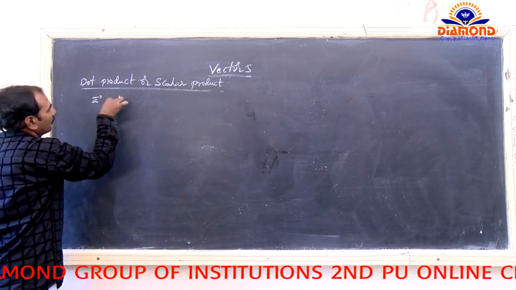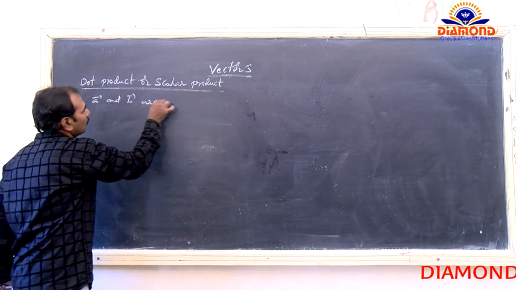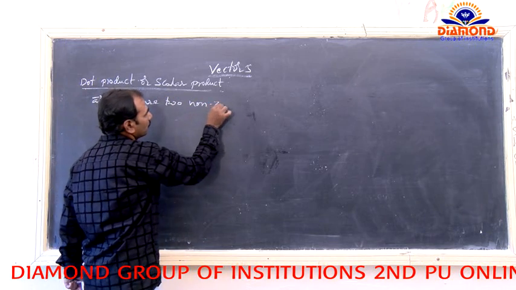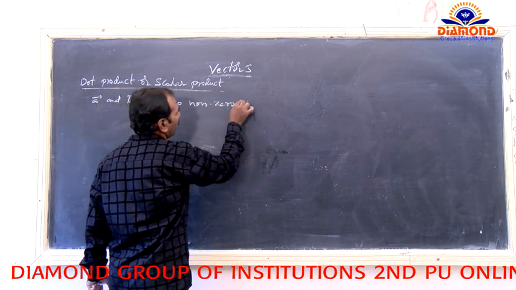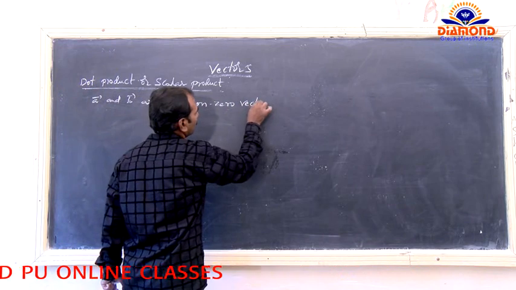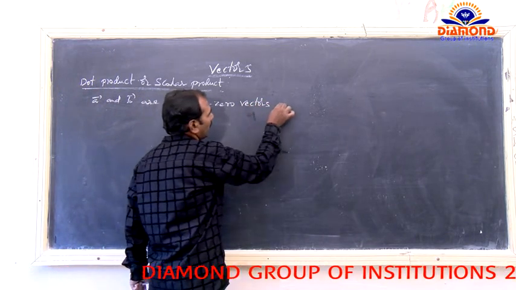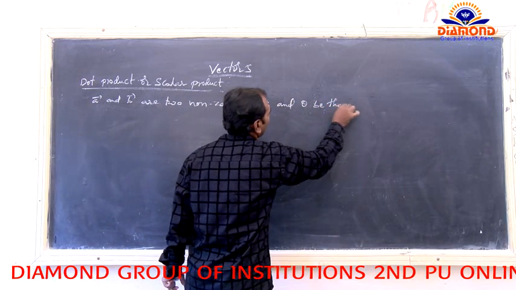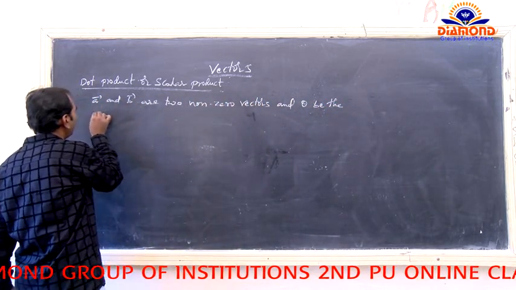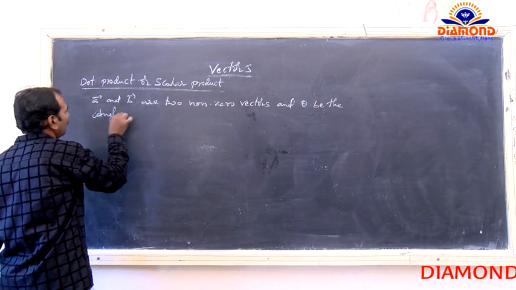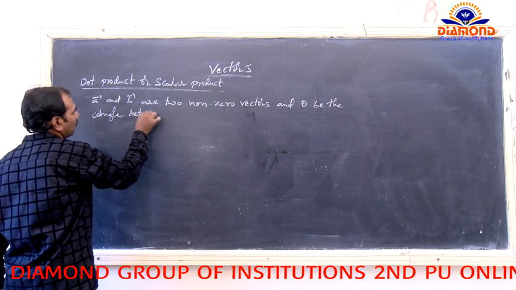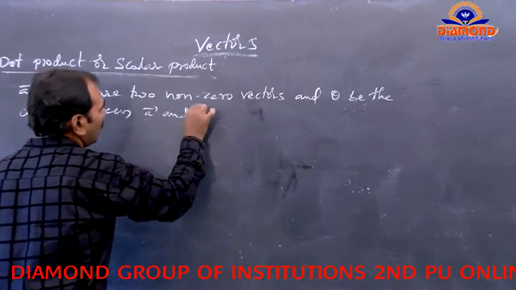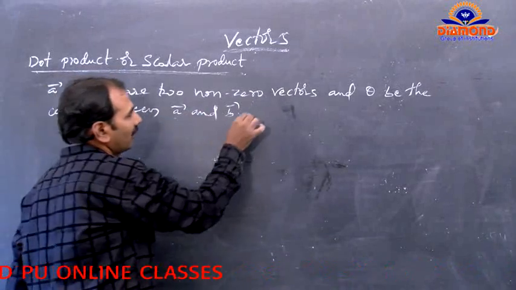Dot product: A and B are two non-zero vectors and theta is the angle between A bar and B bar.